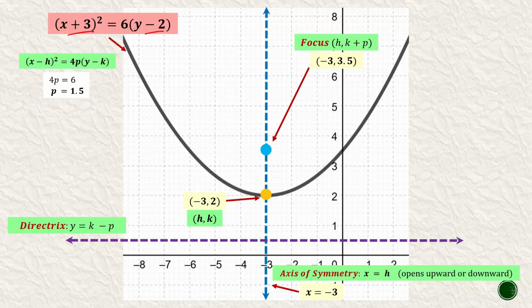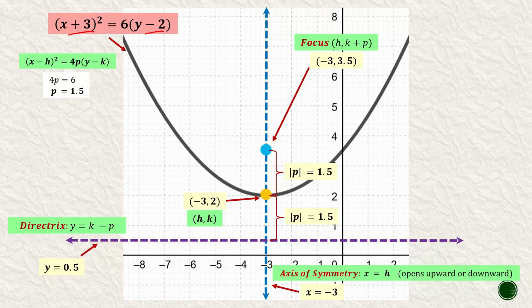So 2 minus 1.5 is equal to 0.5, or 1/2. Okay, so again, I want to emphasize this. The distance of the vertex to the focus and the distance of the vertex to the directrix are equal, and it's equal to the absolute value of p, which in this case is 1.5.